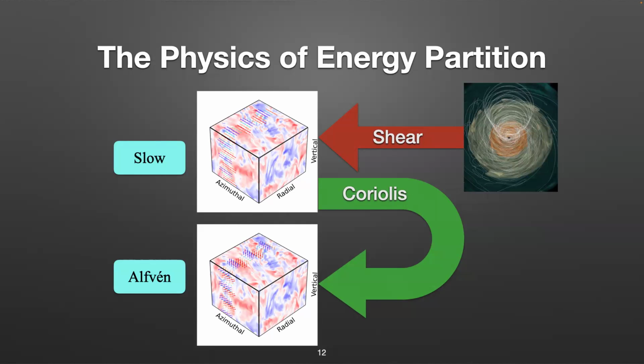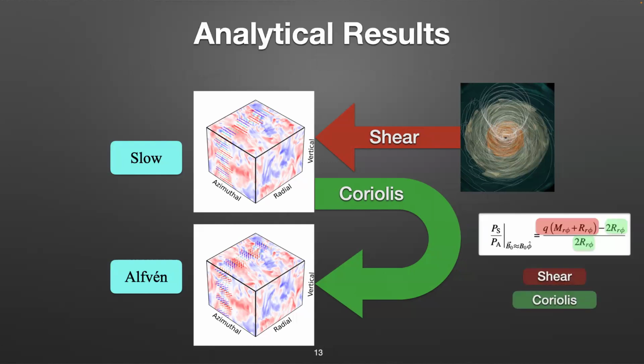And this is exactly the physics that goes into determining the numerical decomposition of MRI turbulence. Using this, not only can I numerically compute the slow-to-Alfvén ratio, but I can analytically derive what this normal mode decomposition is. And here is the expression for the slow-to-Alfvén wave energy ratio.